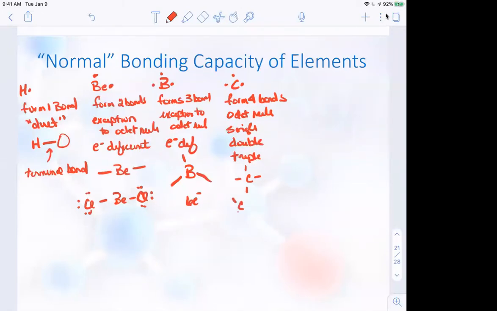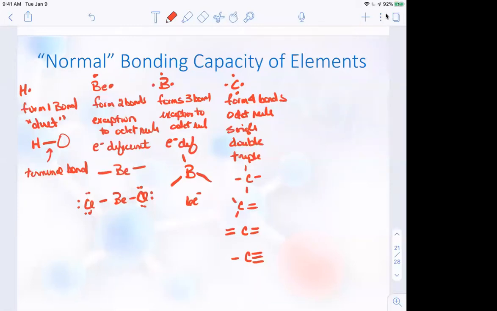You're going to see carbon that has a double bond and 2 singles. You're going to see carbon that has 2 double bonds with that carbon in the middle. You're going to see carbons that have a triple bond and a single bond on the other side. Notice I always have 4 bonds with carbon because I have 4 valence electrons. Each one of those dots needs another dot in order to form an octet. So carbon is forming 4 bonds.